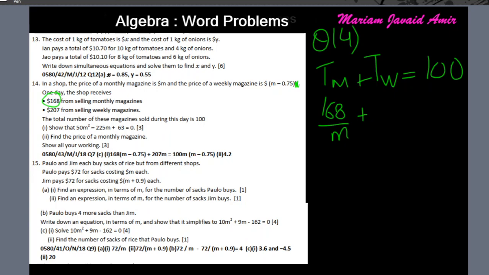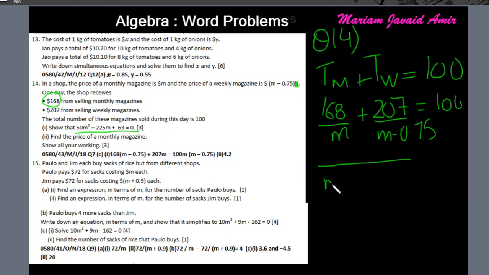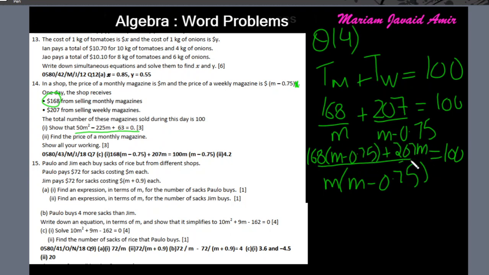Similarly, the total number of weekly magazines sold will be the total money generated divided by the money generated by one magazine, equals 100. Now we'll take the LCM, cross multiply, etc., and derive this equation. So let's do that. The LCM is M times M minus 0.75 equals 100. This becomes 168 times M minus 0.75 plus 207M.